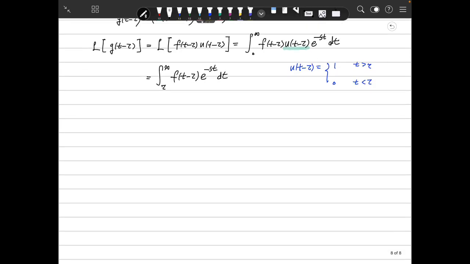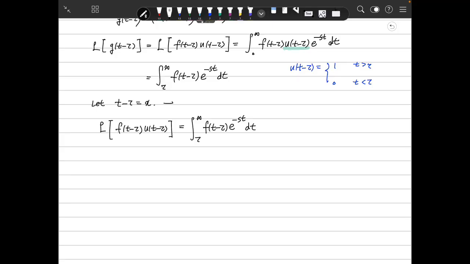Then let t minus tau be a new variable x. Then the Laplace of f t minus tau, u t minus tau will be the integral from tau to infinity of f t minus tau exponential minus st dt.